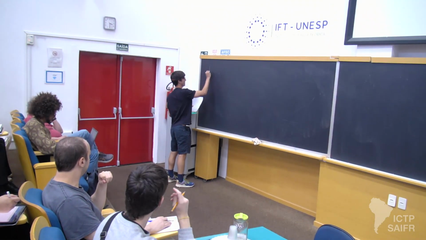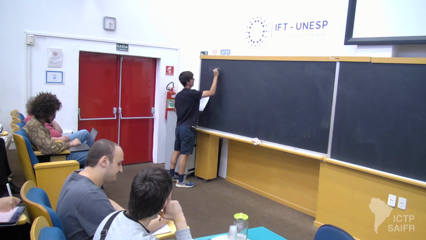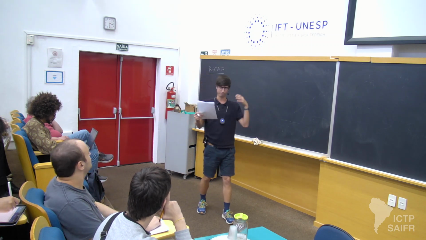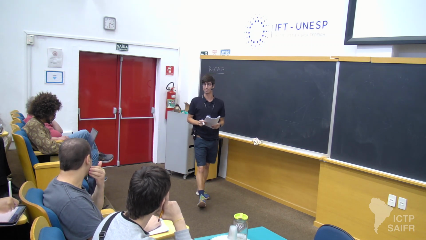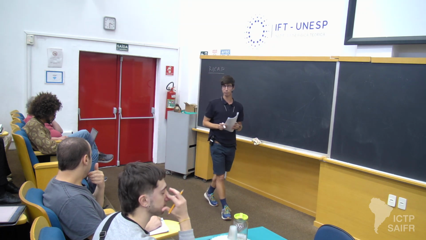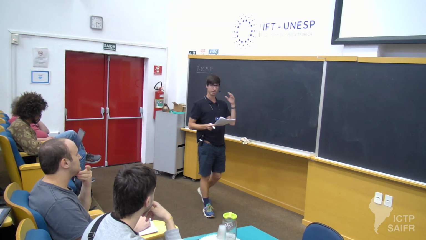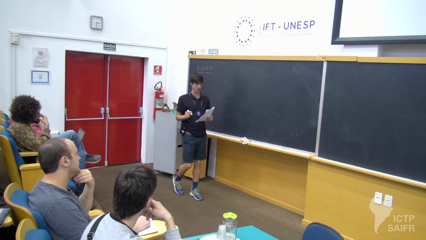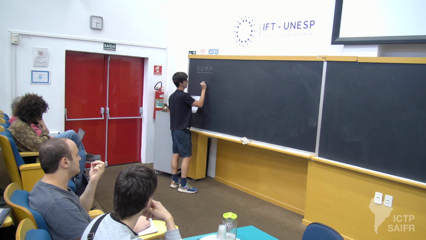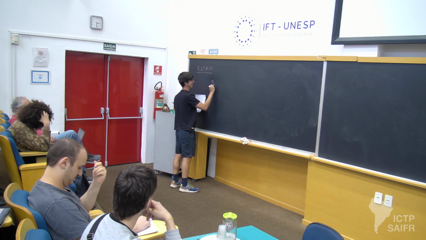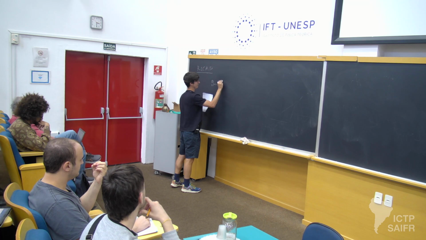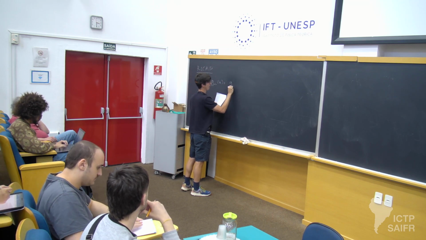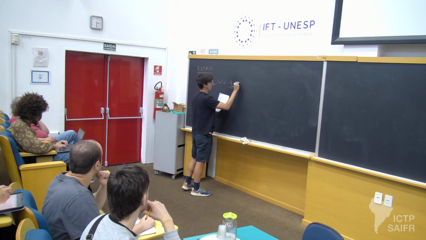Just maybe to refresh our minds from what we were seeing yesterday. First I was making the argument that gravitational waves are really unique probes for cosmology. But then we were studying in more detail some of the basic properties of these waves. The way we define these gravitational waves was as linear perturbations, these small perturbations of our background space-time metric.